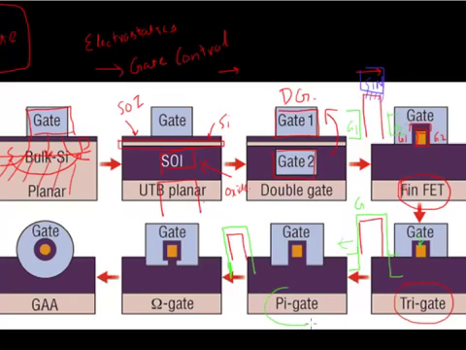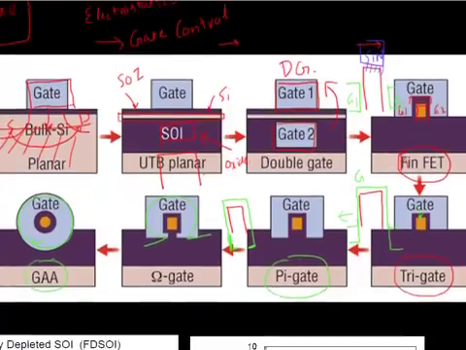That's your pi gate device over here. You can go even further and improve it with a shape like this, where it looks like an omega shaped device. And the ultimate electrostatics is if you have your gate wrapping all around, and that's your gate all around device.